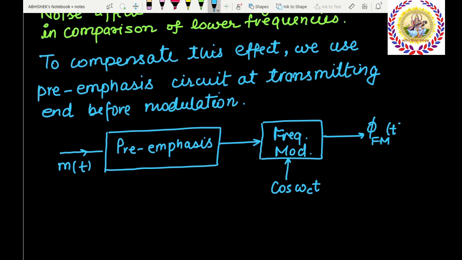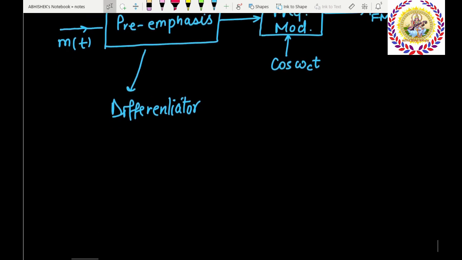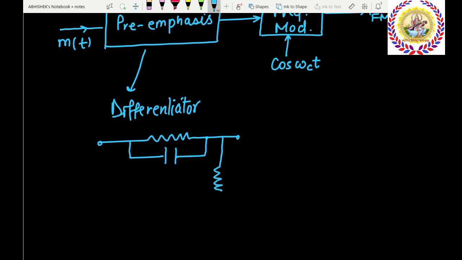This preemphasis is nothing but a differentiator, which is nothing but a high pass filter, as shown in the figure. This is the input and the output.